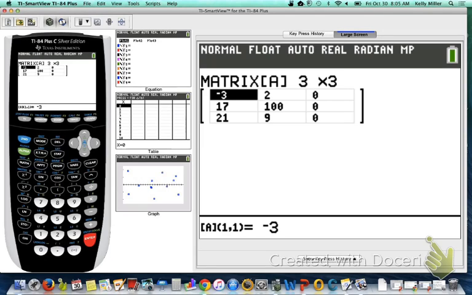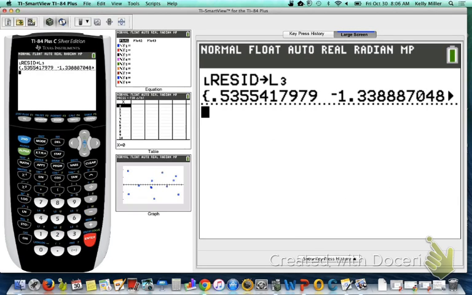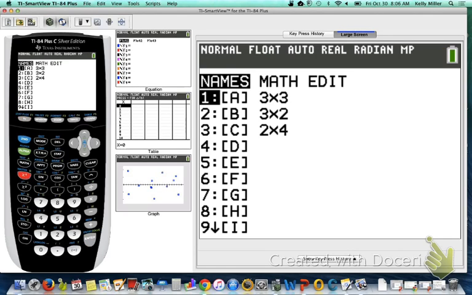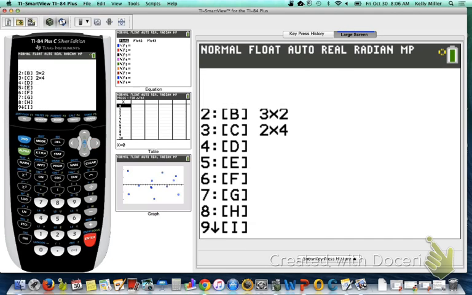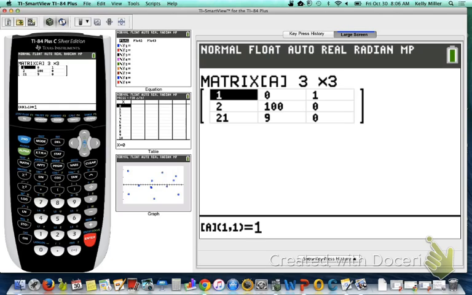And what were our original numbers? 1, 0, 1. 2, negative 2, negative 1. Oh, that doesn't like my negatives. Downfall of the calculator. 3 by 3, 1, 0, 1.